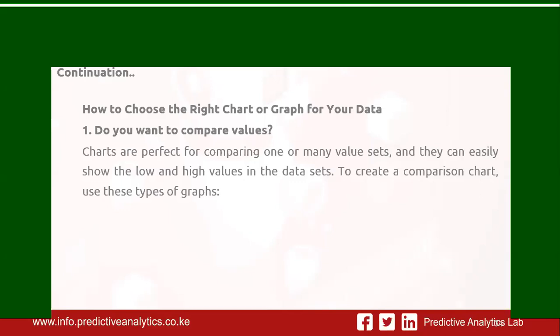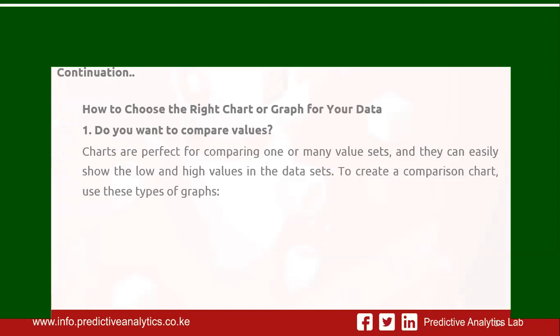So point number one is, do you want to compare values? Charts are perfect for comparing one or many value sets, and they can easily show the low and high values in the data set. To create a comparison chart, use these types of graphs. I'm going to list the types of charts that you might want to use when you want to create a comparison.